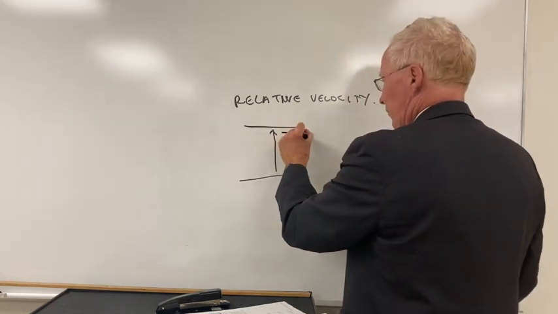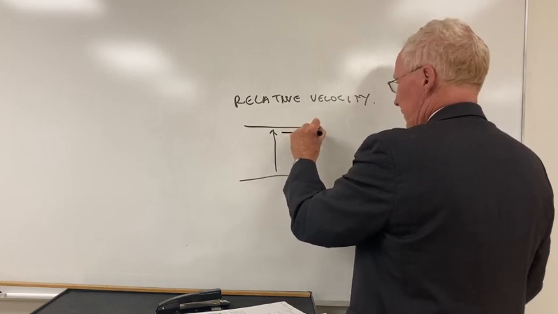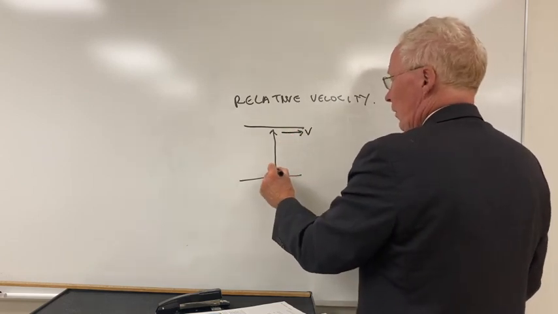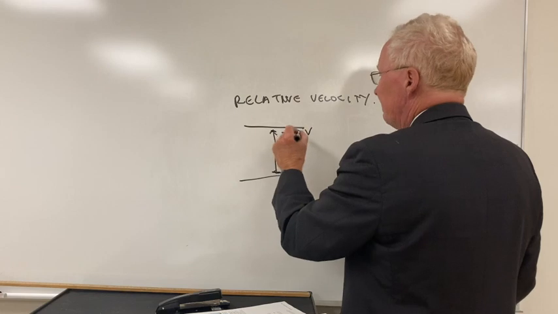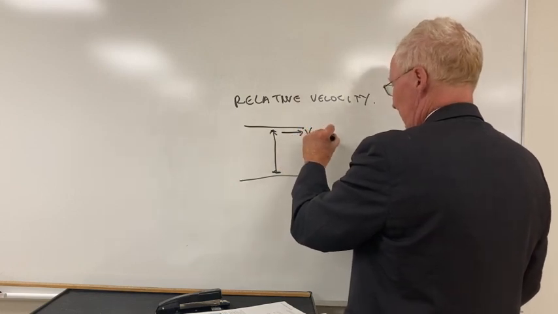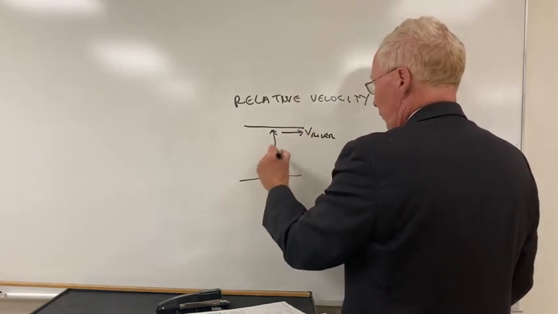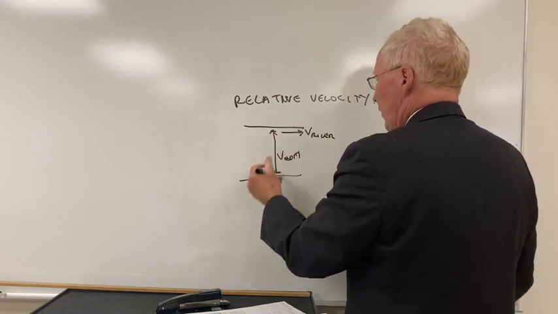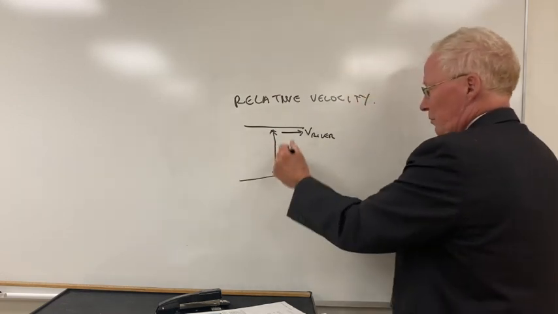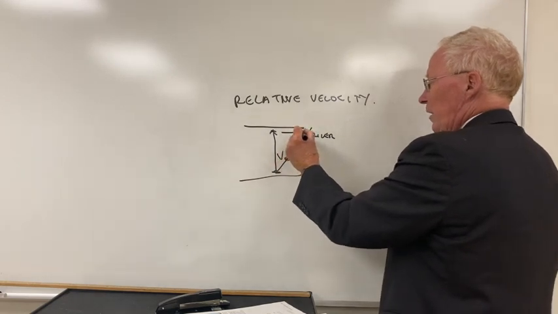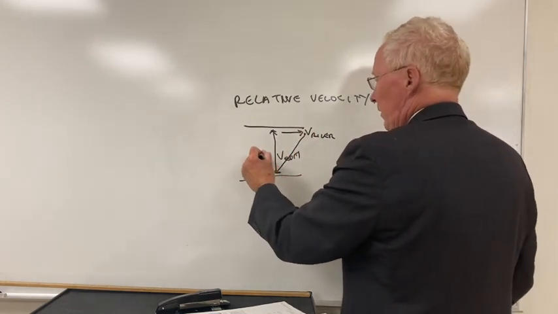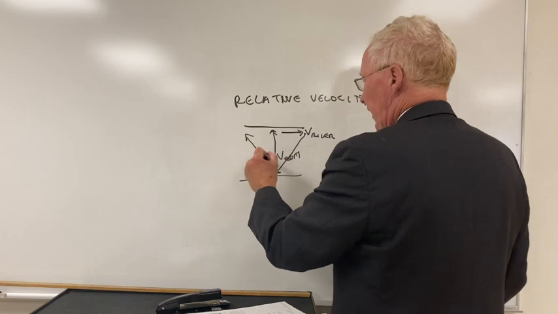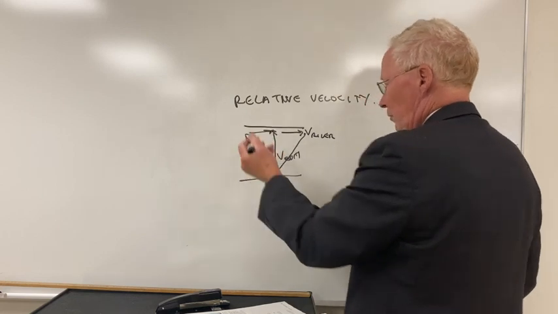If the speed of a river is such that it has some speed V, and you want to cross, so V of river, and you're trying to cross V of boat. All right, if you just go straight across, what angle are you going to end up with? Or what angle do you need to aim to end up going straight across?